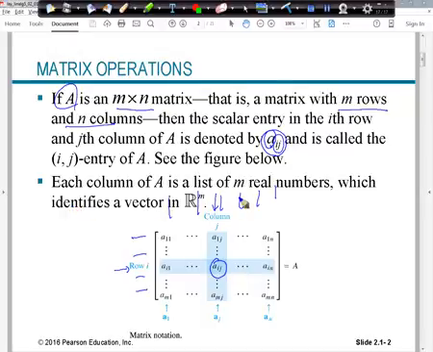Okay. And then we think of each column of A, right? And those columns are called a1 through an, since we have n columns. And here, please note that these a's are in bold font. So that way they are vectors. Okay.